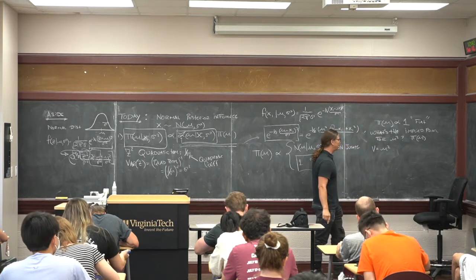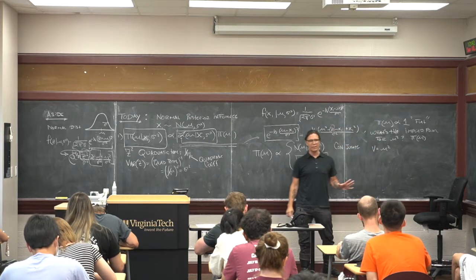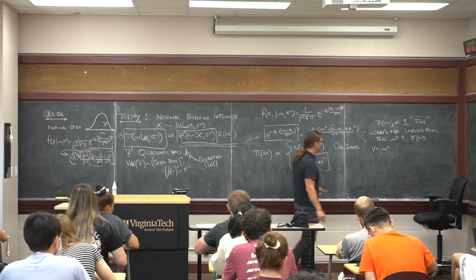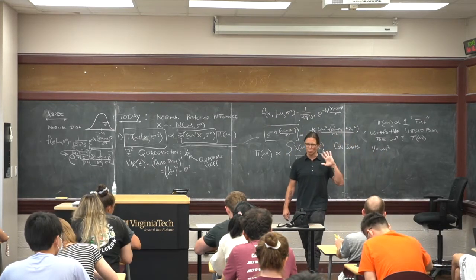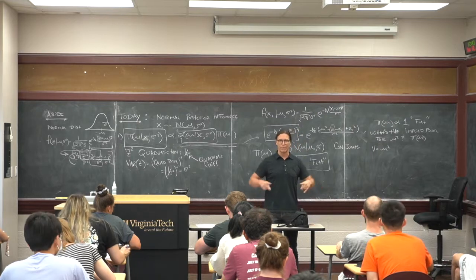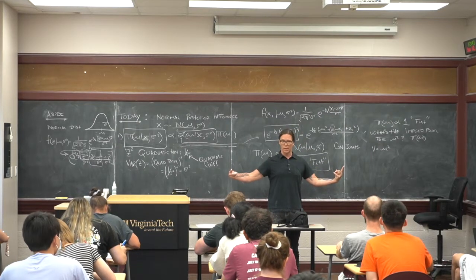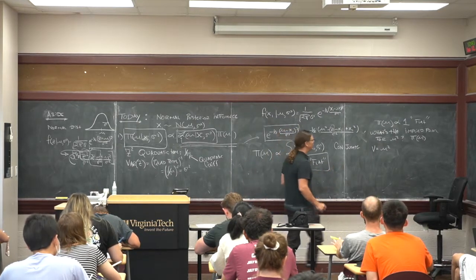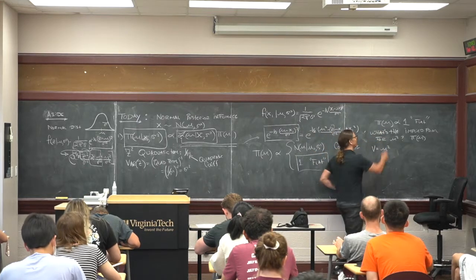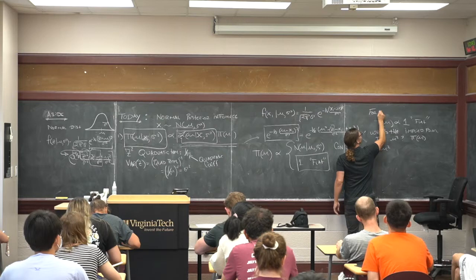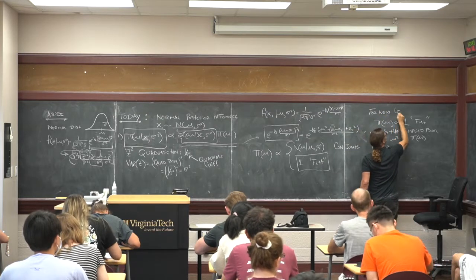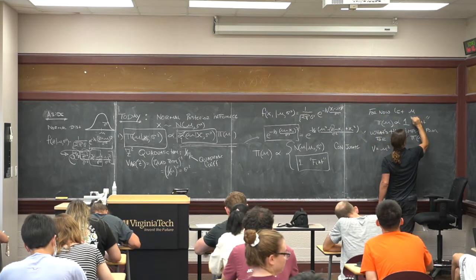Now we have to be a little bit careful on this analysis because I can't invert this everywhere. So I'm going to make this just really simple, just so I don't have to break this into two probability distributions. Let mu be strictly positive.